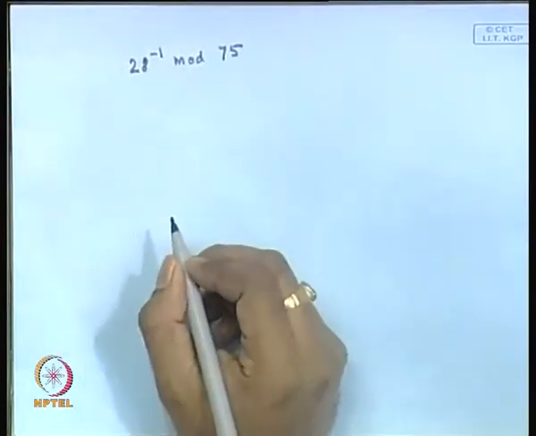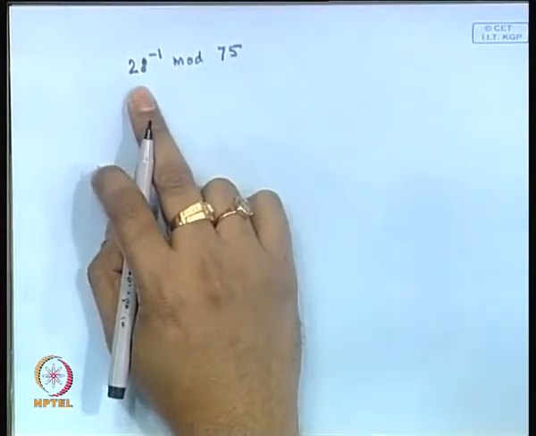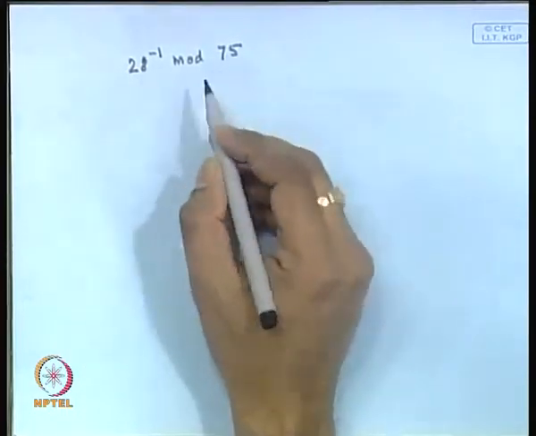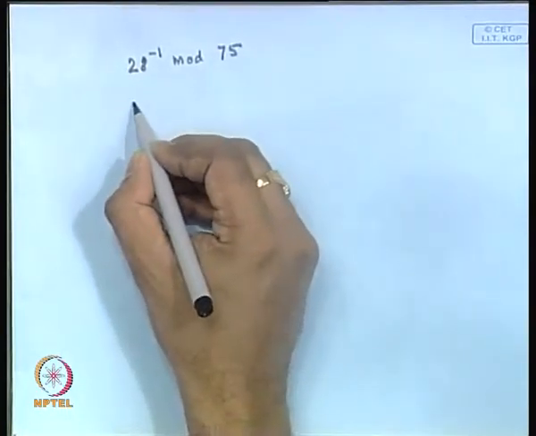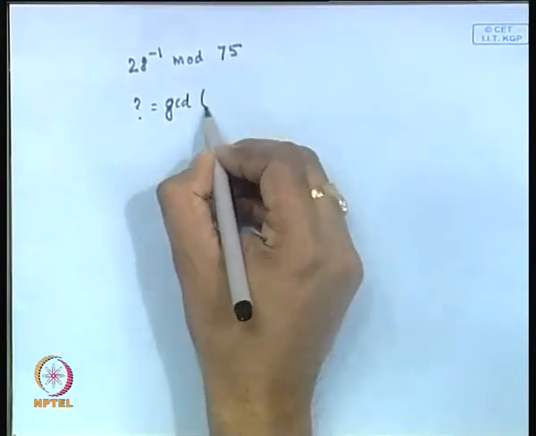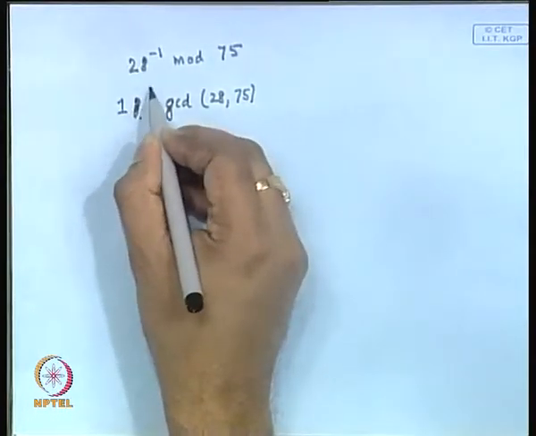First of all, I should know whether 28 inverse really exists or not. So I will find out the GCD of 28 and 75. Ideally this should be 1 and I have to check this.